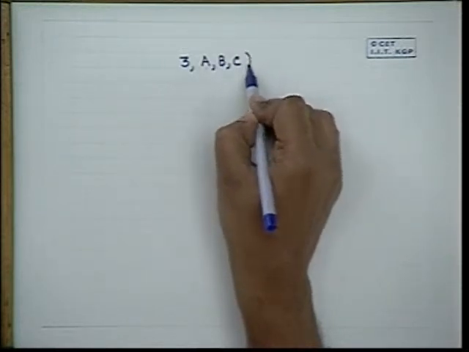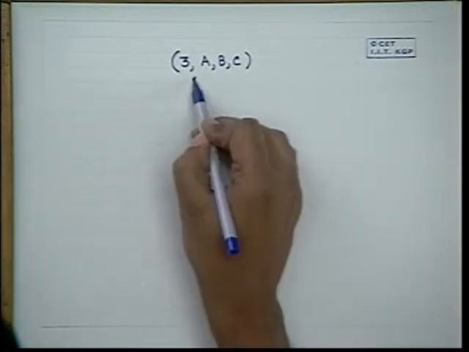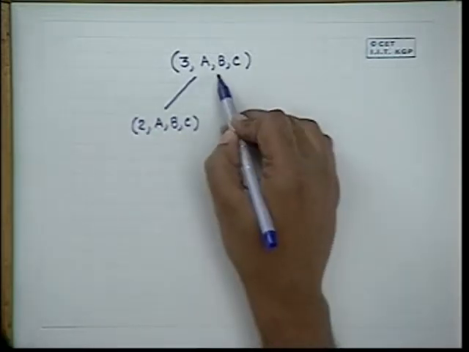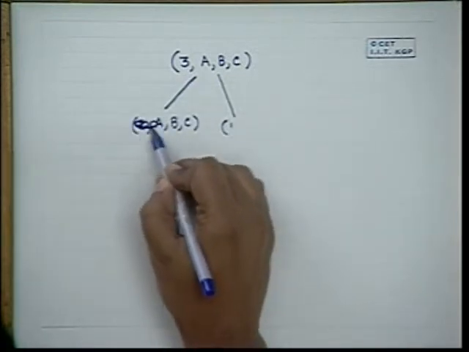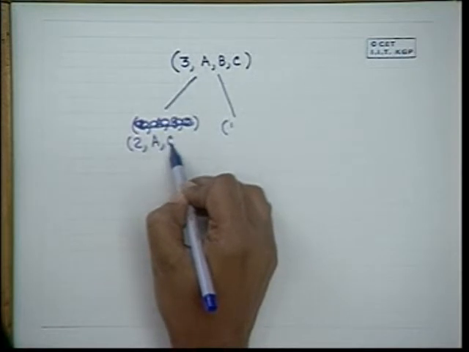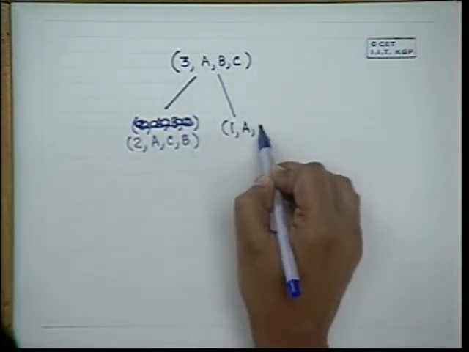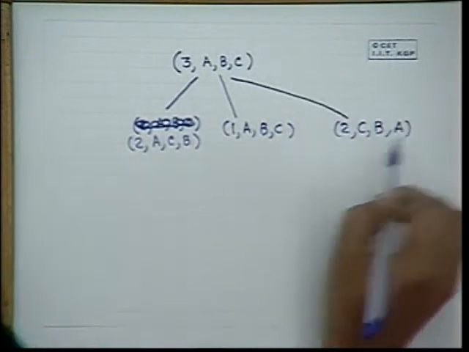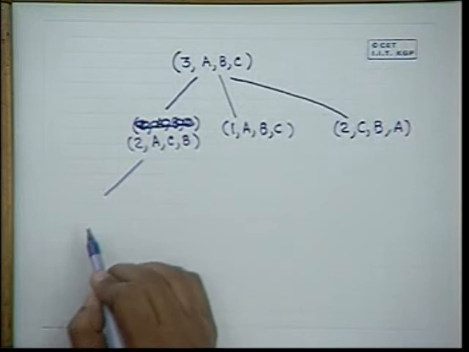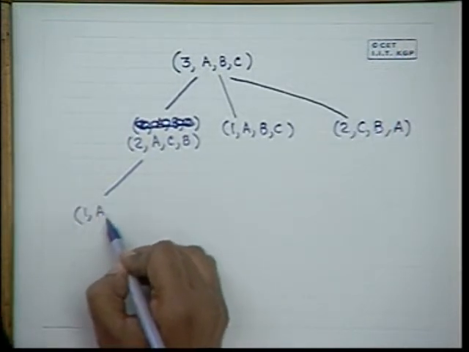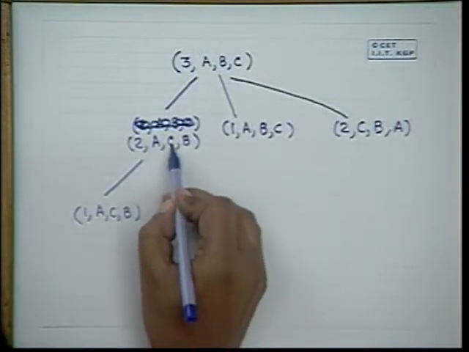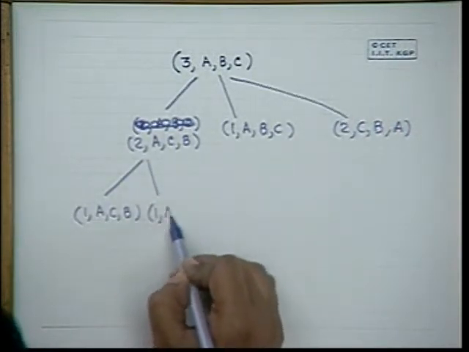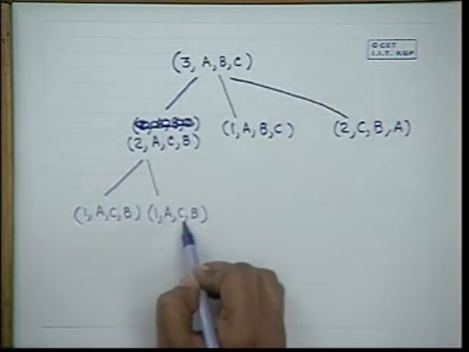So if we had to solve 3 A, B, C, the decomposition would be 2 A, B, C, sorry, 2 A, C, B, 1 A, B, C, and 2 C, B, A. Then this would be 1 A, C, B. Now this is from, this is to, this is via.